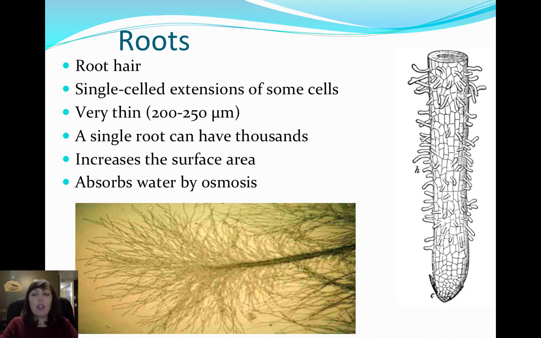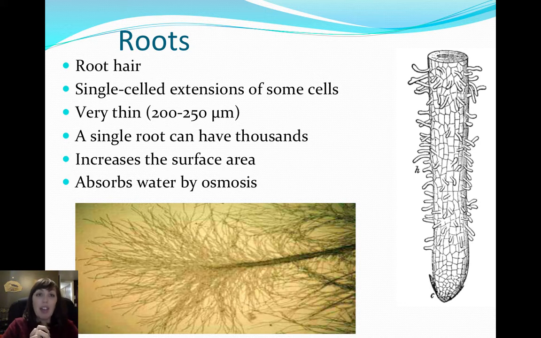Okay, so another part of this process is, so that we have the xylem and now the roots. The different functions of the root vary based on the type of plant and the part of the root that you're looking at. So roots have root hairs. Okay, they are single-celled extensions of some cells. They are very thin.